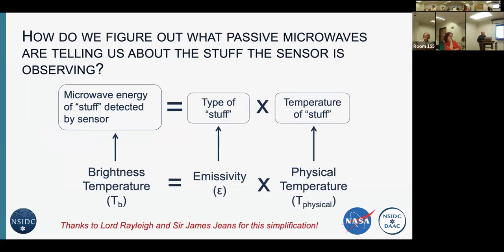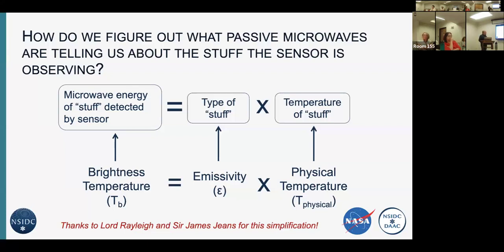Basically, we can simplify it down to just two things: the type of stuff that we have, like snow or ice or grass or whatever, and then the physical temperature. The type of stuff is indicated by a parameter called emissivity. It's basically a measure of the emitted energy at a given frequency, characteristic of that substance.